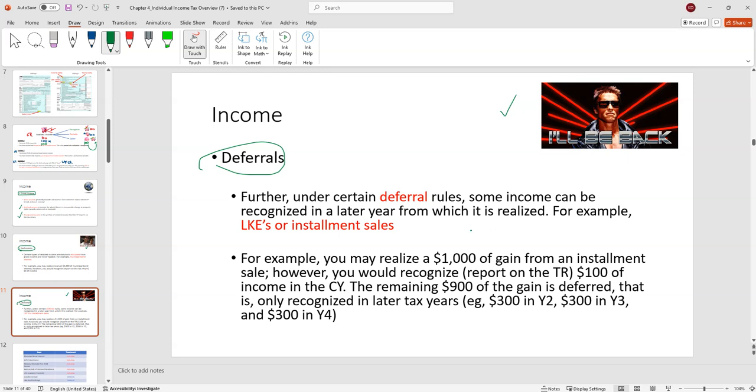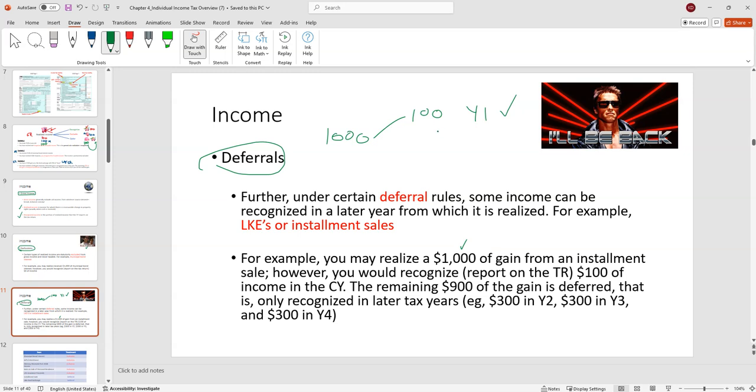So say, for example, we have a $1,000 gain from an installment sale. However, maybe 100 of that we would recognize in year 1. So you don't have to defer the entire thing. You can defer part of it.